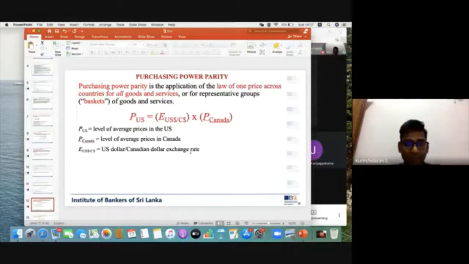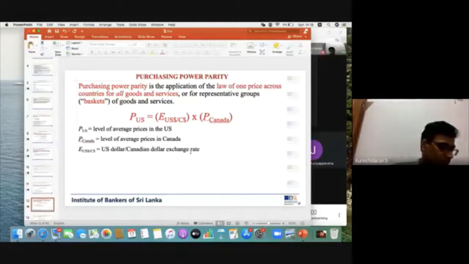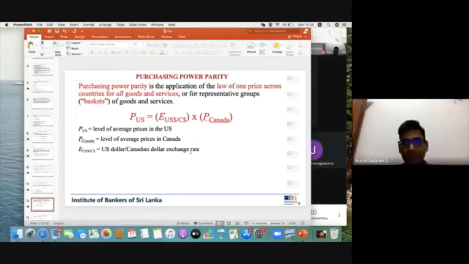Clear? This is called purchasing power parity. I hope you understand. Now we discussed the law of one price, and then we applied that law of one price, and then we talked about purchasing power parity.